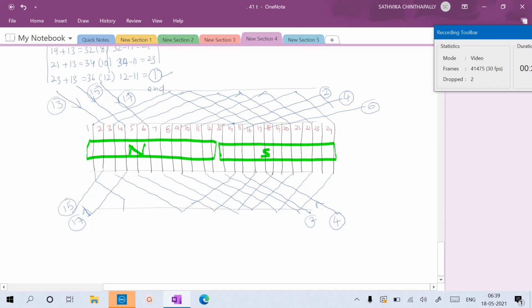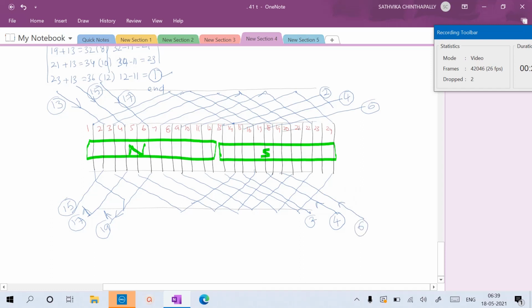Okay. The 17th conductor is connected to 6 and 6 should be connected to the 19th. Here, the 19th conductor. And the 19th should be entered. Where is the 19th? This is the 19th. It is coming from the 6th conductor.